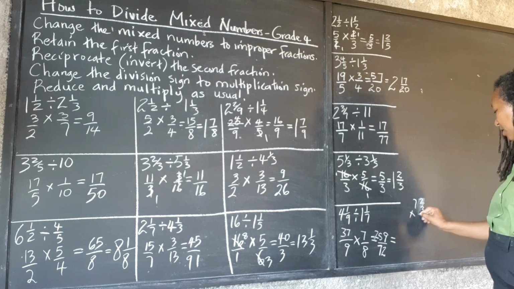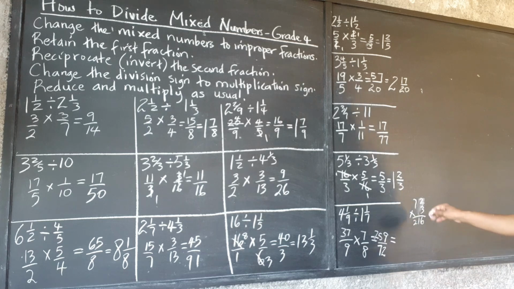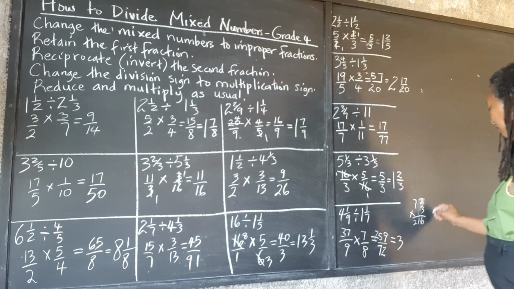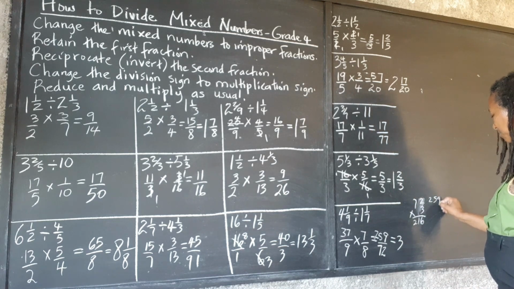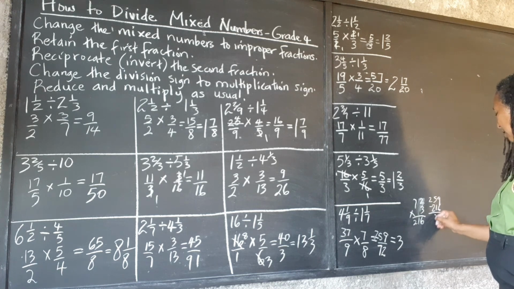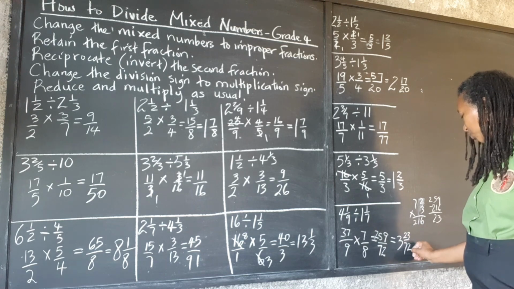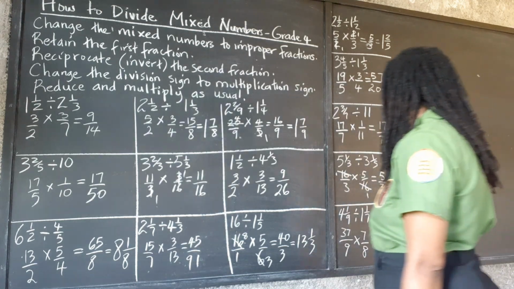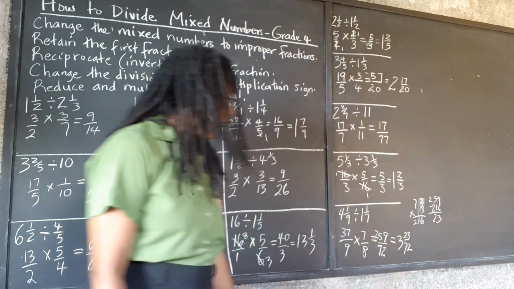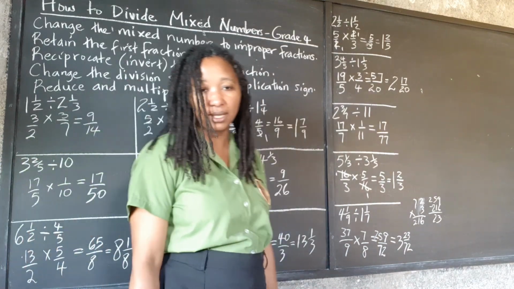Let's try 3. 3 twos are 6, 3 sevens are 21. So 3 times, and then the 259 minus the 216, that's 43. So 43 left back over 72. Right? And that's the last example.